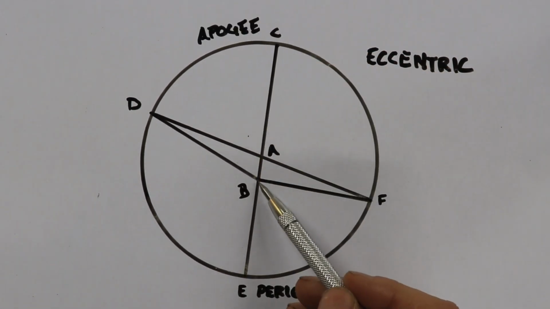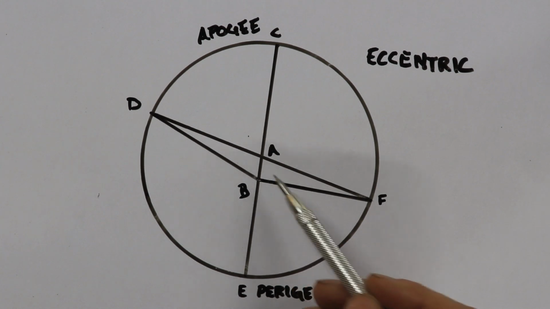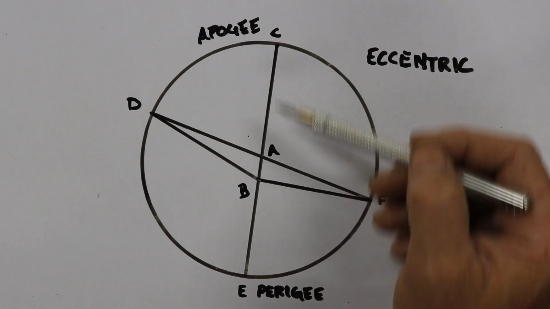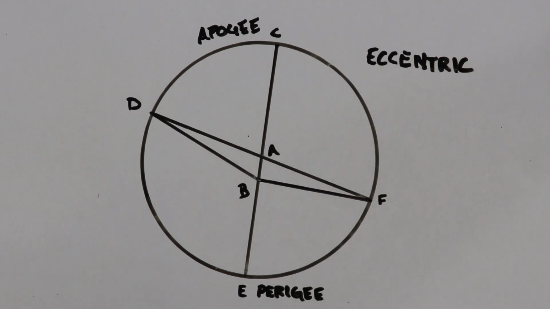Clearly, B, the point where Earth is at in this drawing, is closer to E. B is further away from C due to the eccentric. C is the apogee, or the most remote from Earth, but E is the perigee, or the nearest to it. And I hope that's clear.